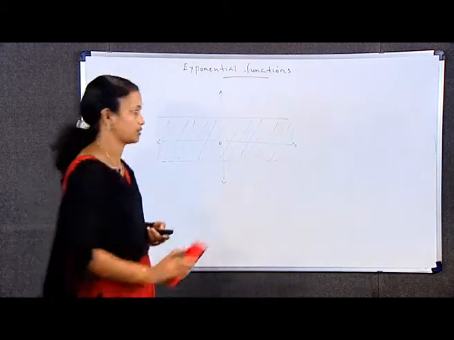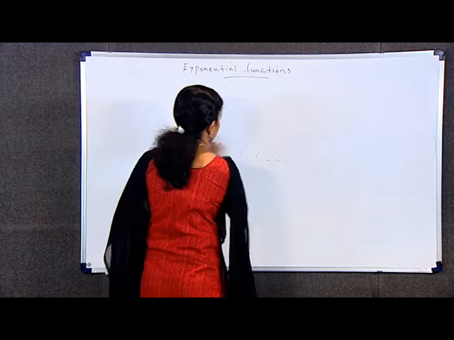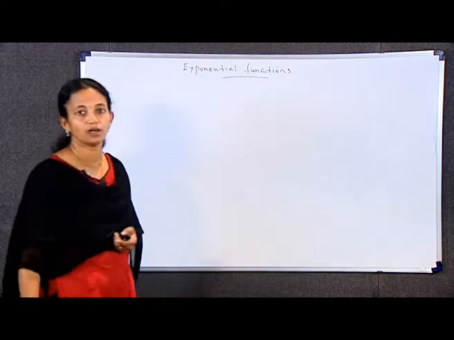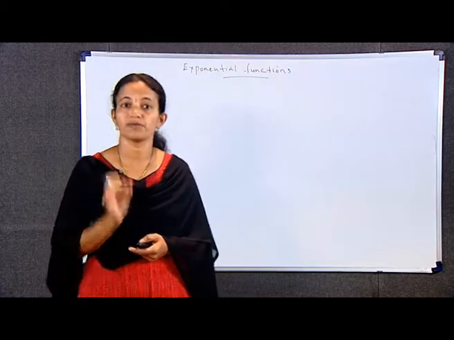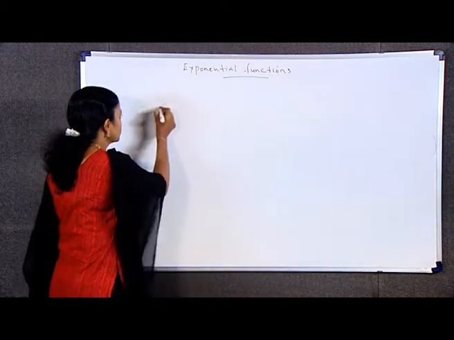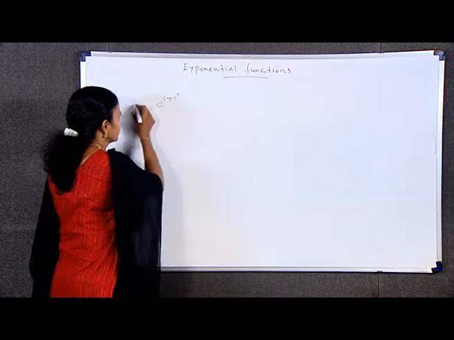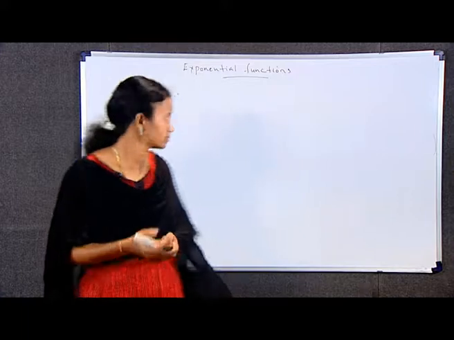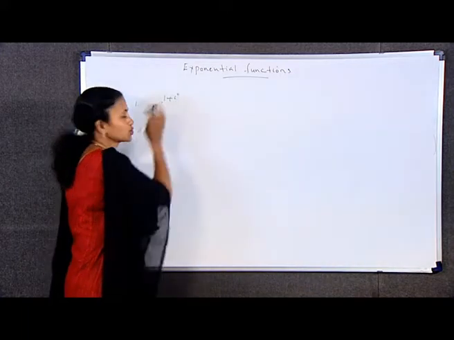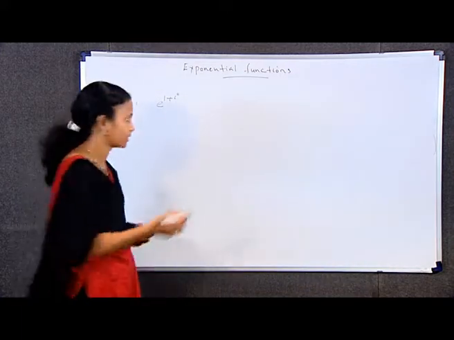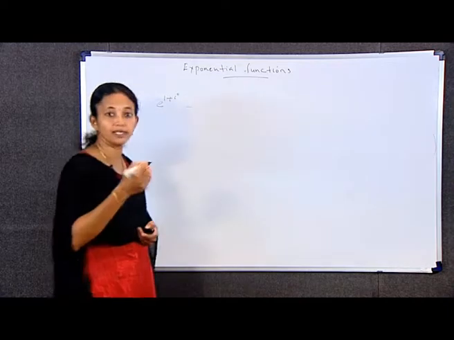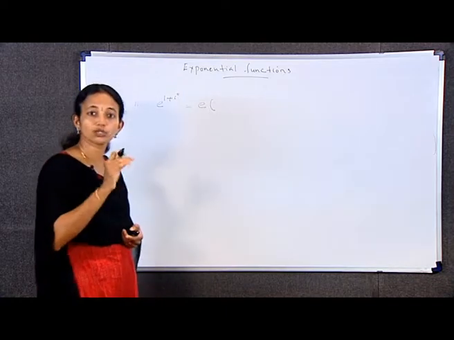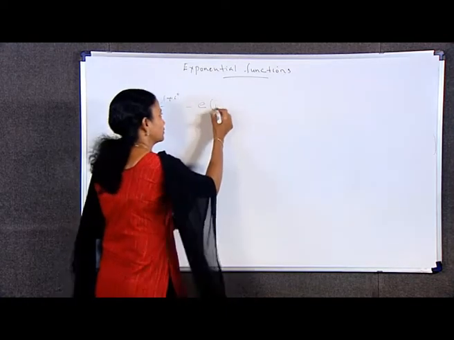Next we have some examples. First one is very simple: e raised to 1 plus i. We can write it as e raised to 1 into e raised to i, which is equal to e into cos 1 plus i sin 1.